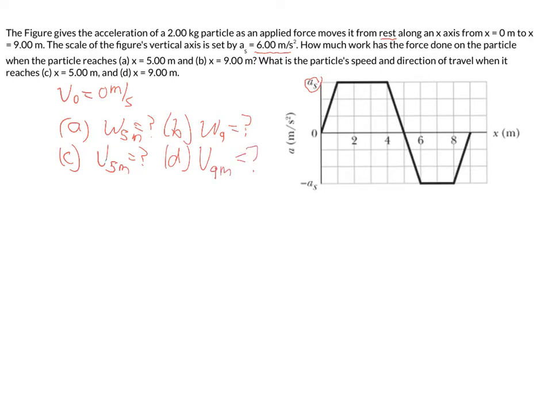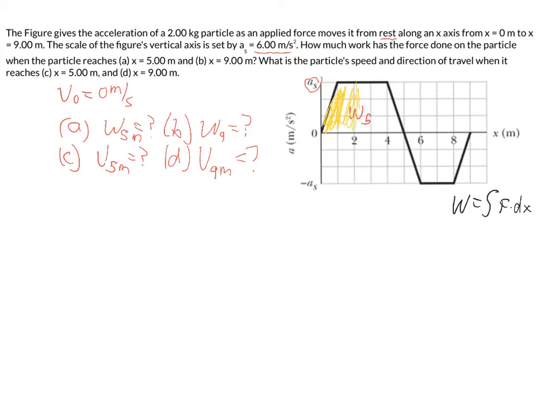Cool. So the question then is, well, what are we going to do? So we know that work, if we just wanted to remind ourselves, is equal to the integral of force times dx. And so integral, again, is area under the curve. So the work done in the first 5 meters is going to be the area of this section here.